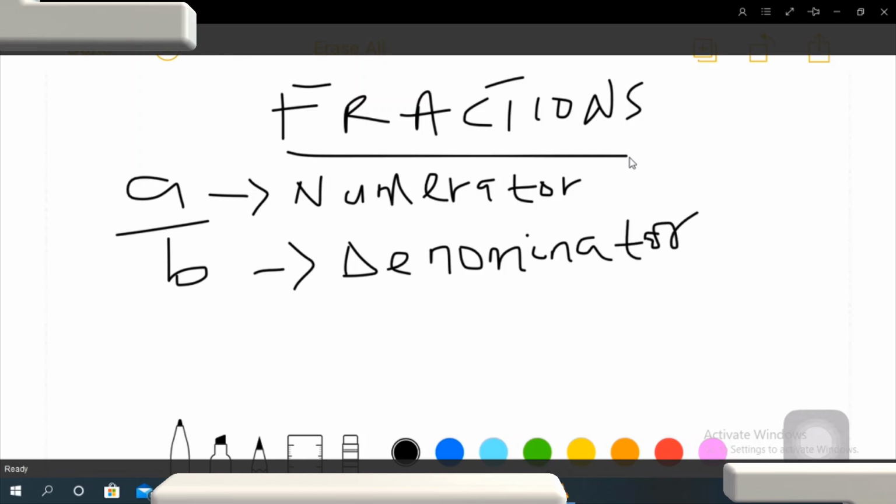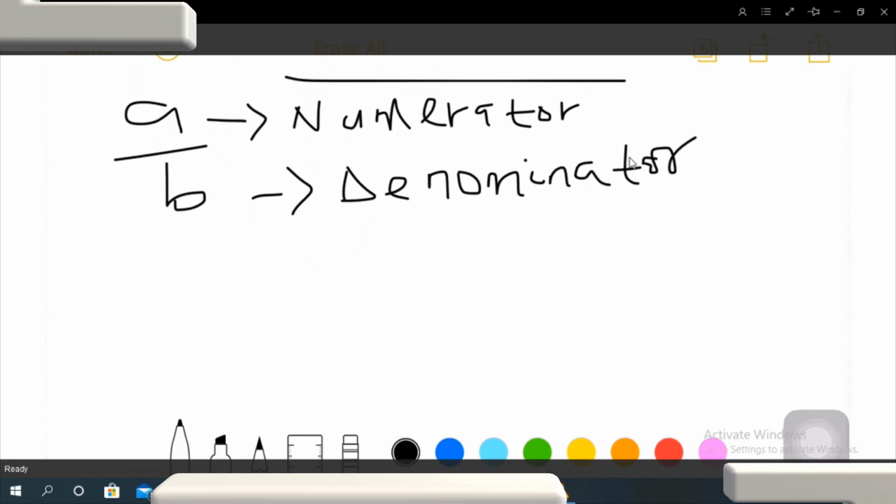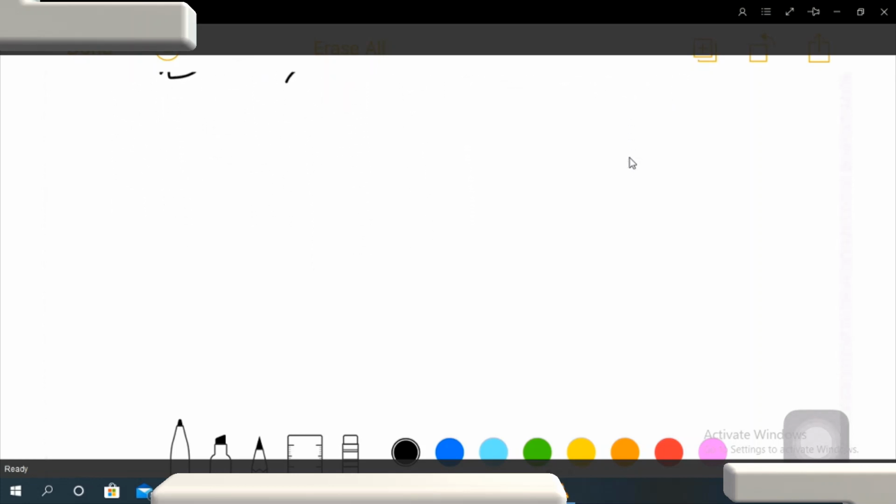It is very, very important that you know these names, because in your adding or subtracting you would need to refer to them. The top one is the numerator and the bottom one is the denominator. I'll be using this alphabet to explain the rules.